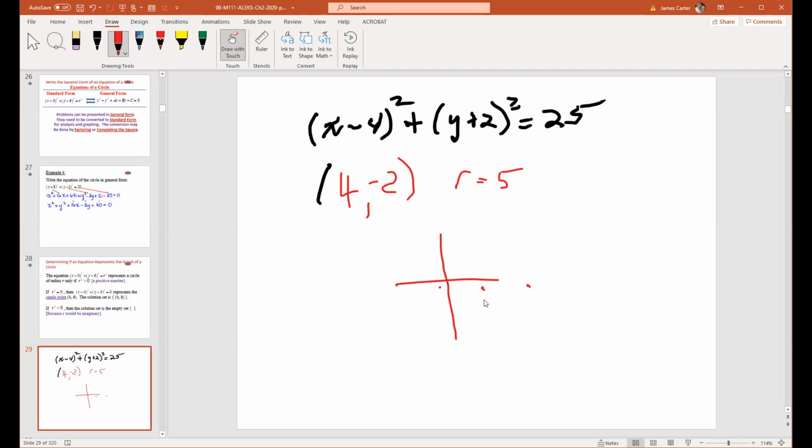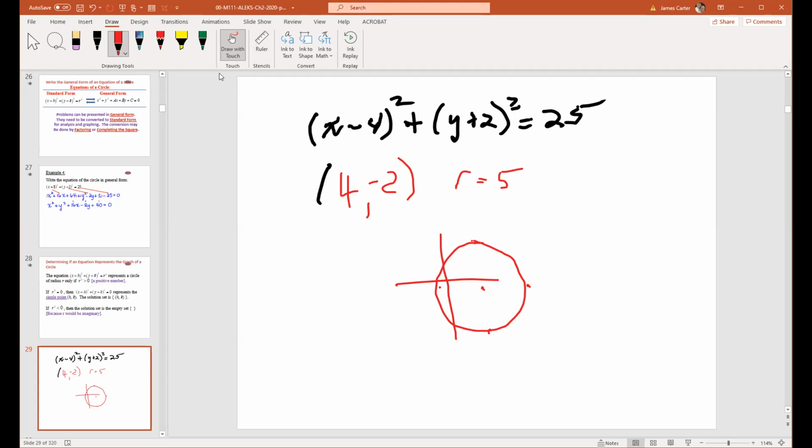Actually, this problem looks a whole lot like the last one. And 5, and up 5. And then I try to draw the circle. Actually, that's about the best circle I've drawn all day.